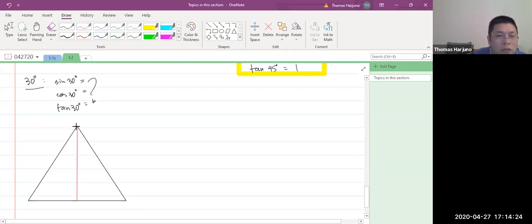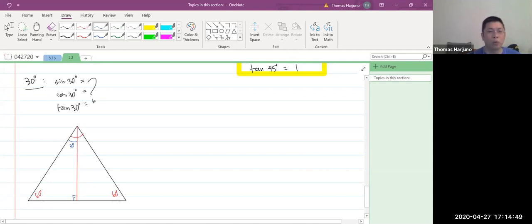Now you notice that because it is an equilateral triangle, each of the angles is 60 degrees, right? Even the top here is also 60 degrees. But because I bisect that, then this guy will be 30 degrees. And of course, this will be a right angle here.